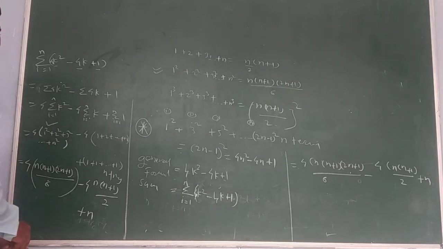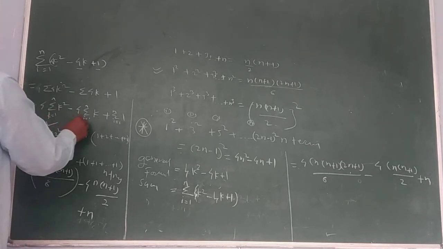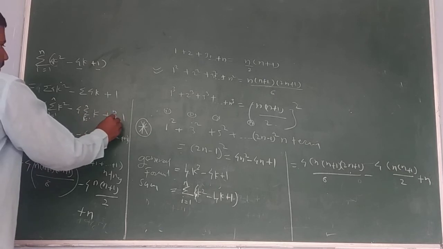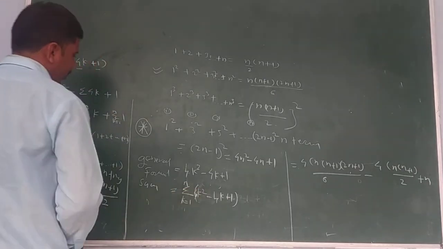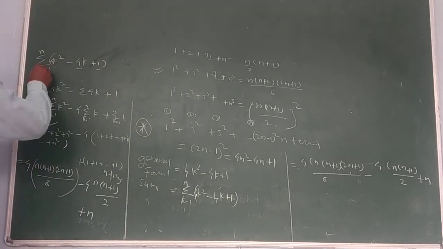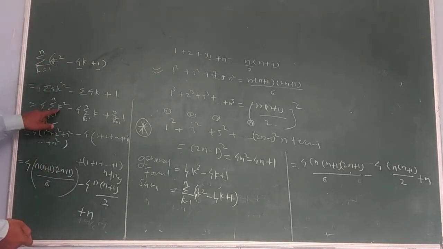Here instead of i you can take k. So summation of k square is 1 square, 2 square, 3 square till n square, and summation of k from 1 to n is 1, 2 till n.